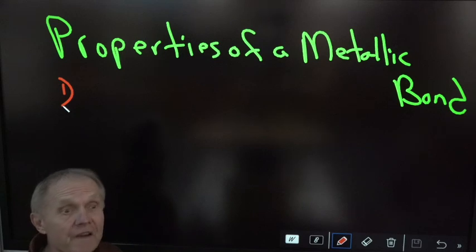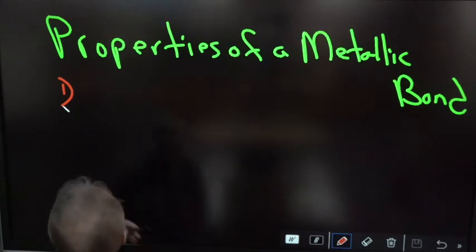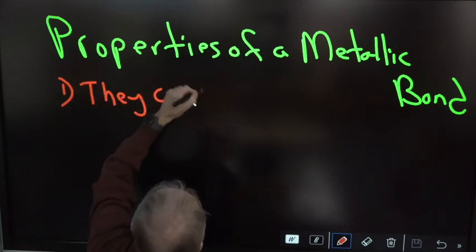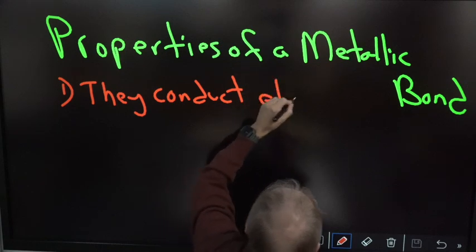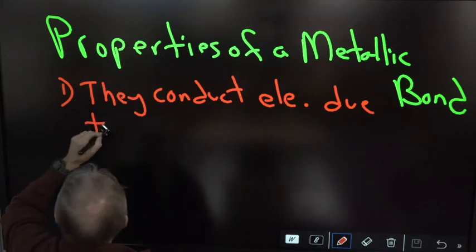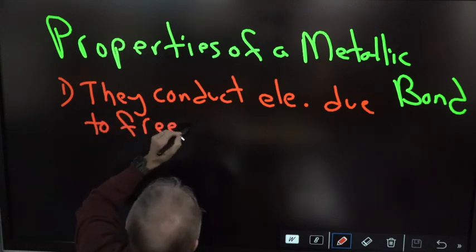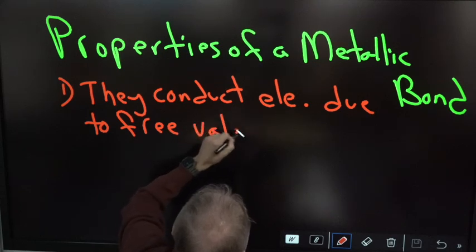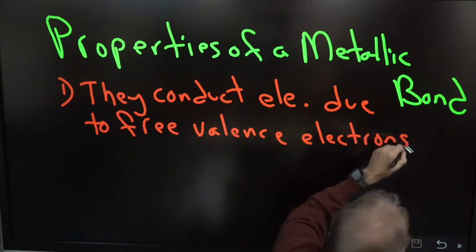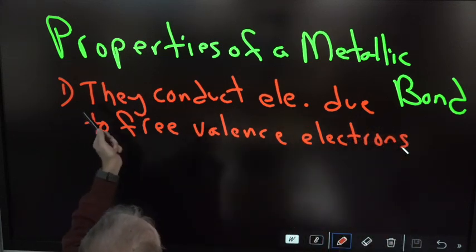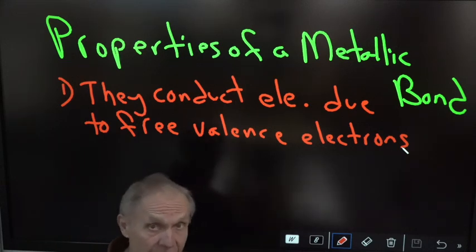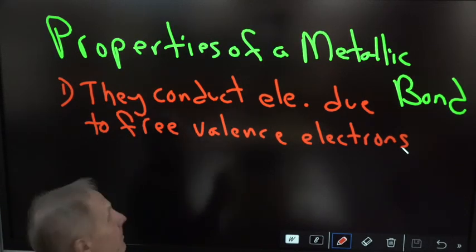Properties. The first and foremost and most important property is this. Metallic bonds conduct electricity due to free valence electrons. They can move around. That's the primary, number one, important property.